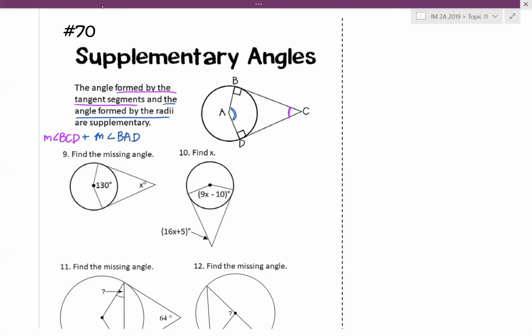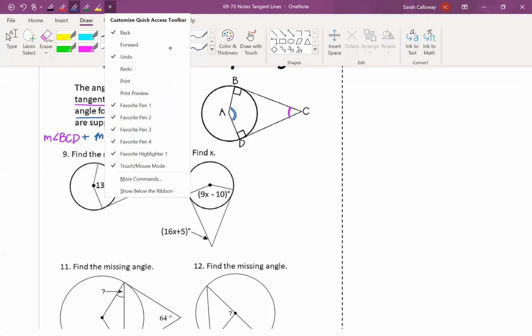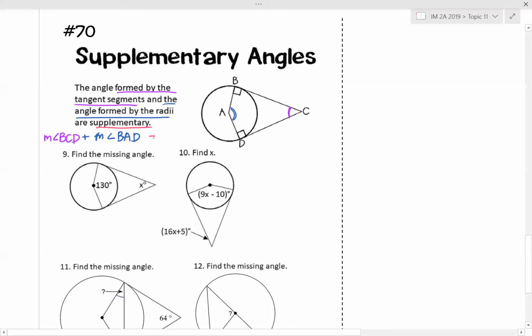Those things are supplementary. Remember that supplementary means that it adds to 180 degrees. So the measure of angle BCD plus the measure of angle BAD must always be 180 degrees.